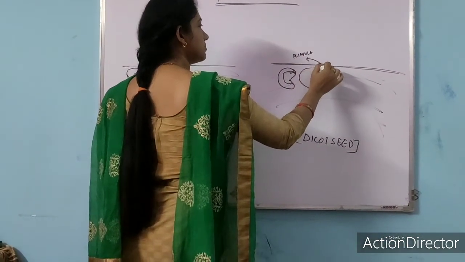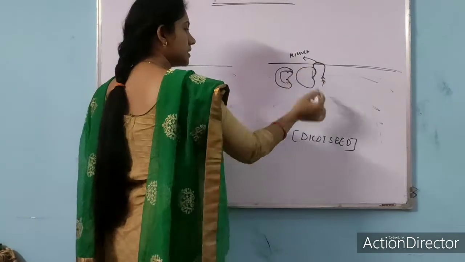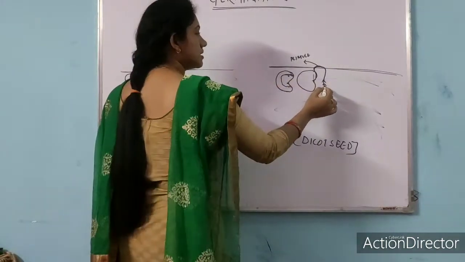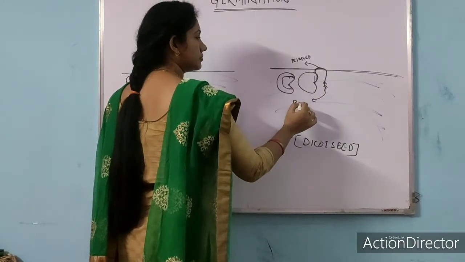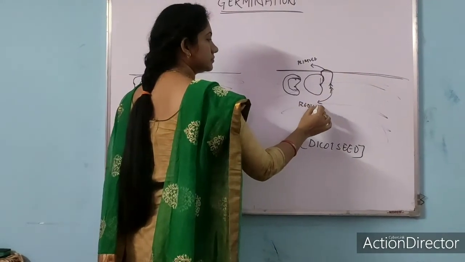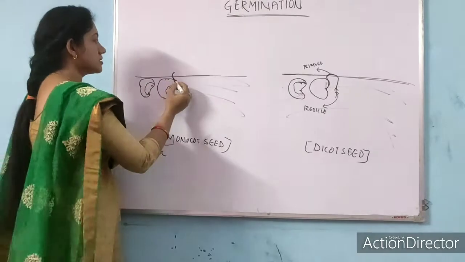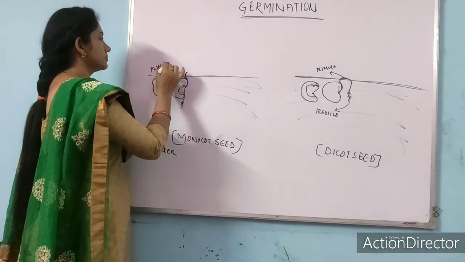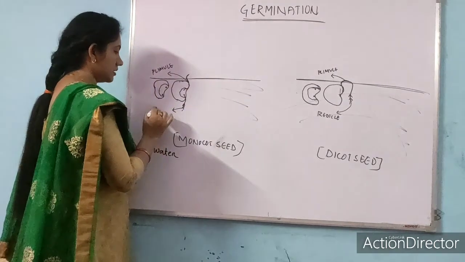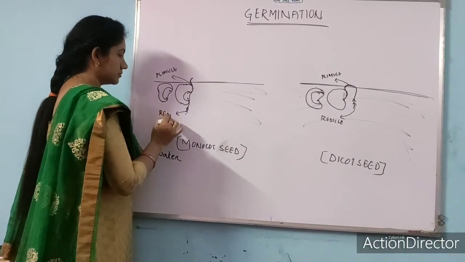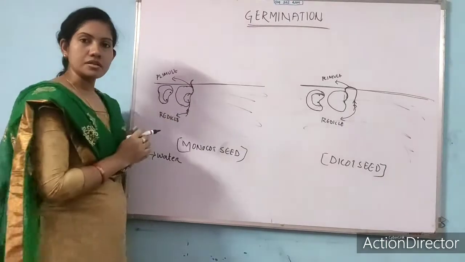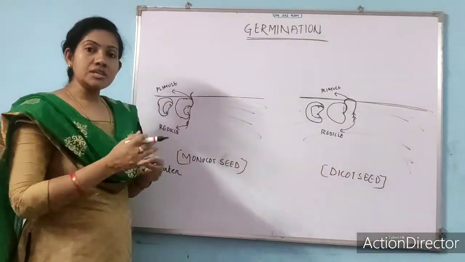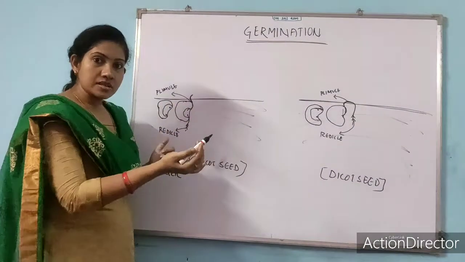This part is only the plumule. Like this it is in dicot and like this it is in monocot, and this is the radicle. Here this is the plumule and this is the radicle. So after developing a small, tiny plumule and radicle, again there is development.